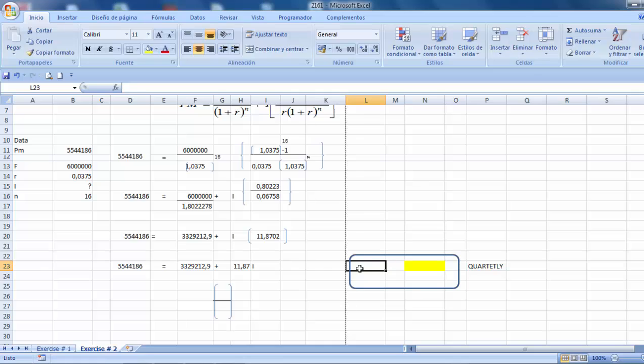We take I and we resolve the other part.